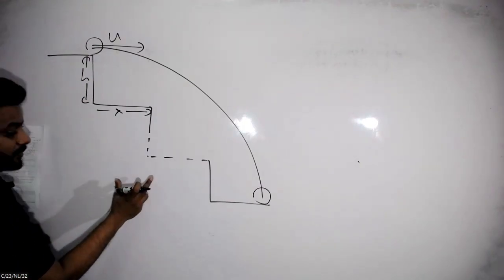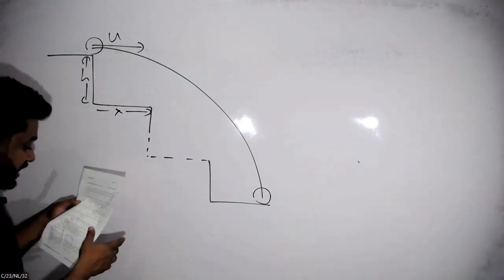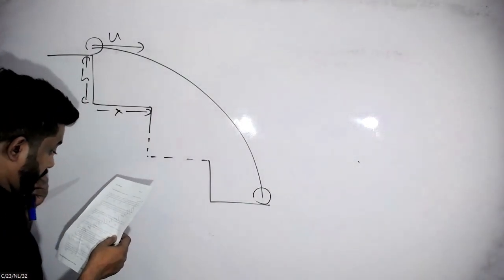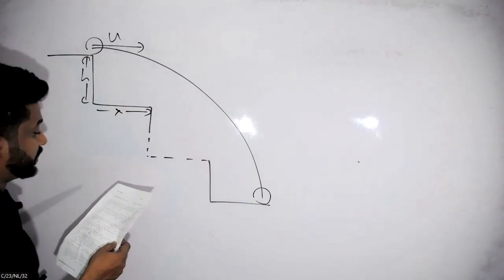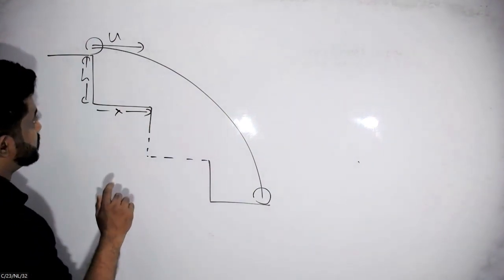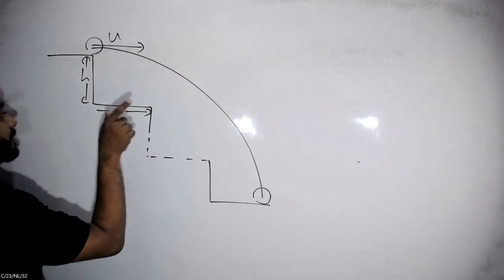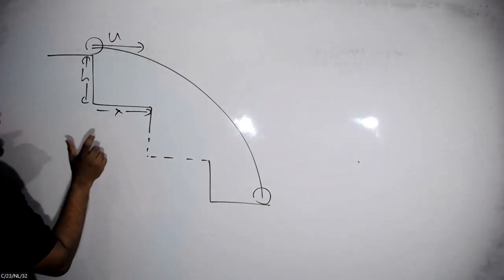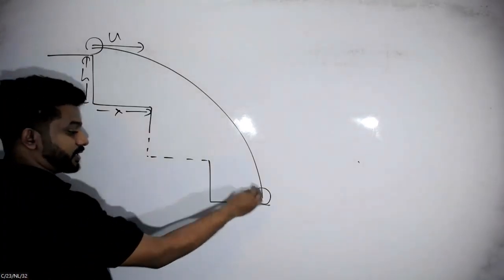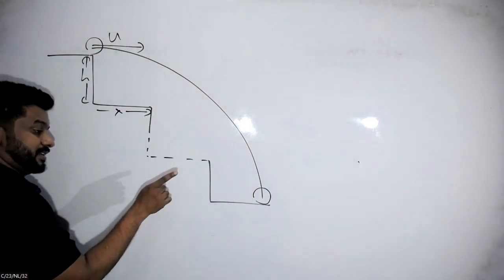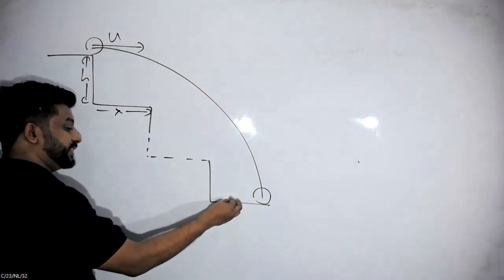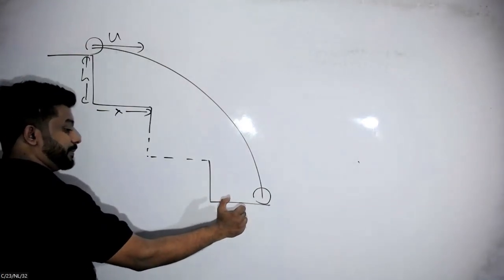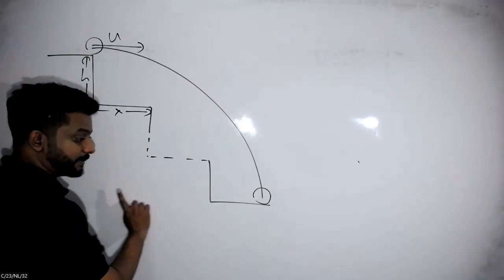Horizontal displacement, there is an important sentence. What is the maximum horizontal velocity? When this object is moving with maximum horizontal velocity, this object will obtain maximum horizontal range. That means this object will collide with the nth step at the far end.